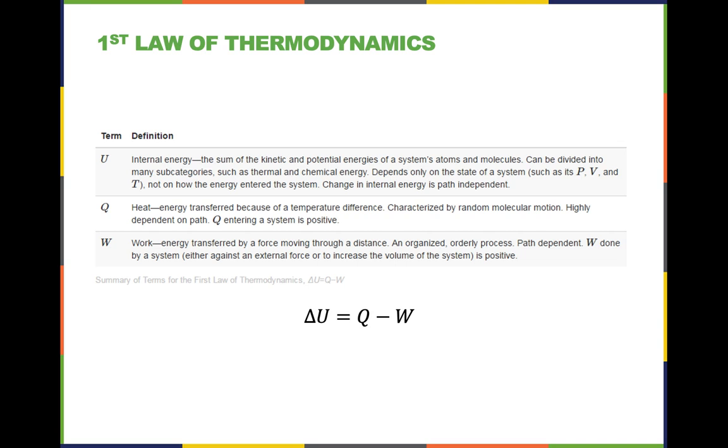Your heat, energy transferred because of a temperature difference, is characterized by random molecular motion and is highly dependent on the path. Q entering a system is positive. For work, energy transferred by a force moving through a distance, an organized, orderly process, path dependent, work done by a system either against an external force or increase in volume of the system is positive.